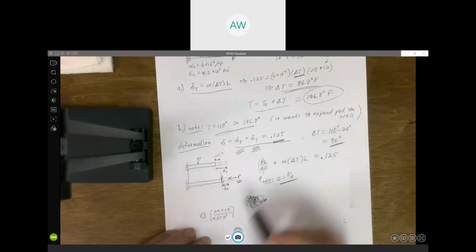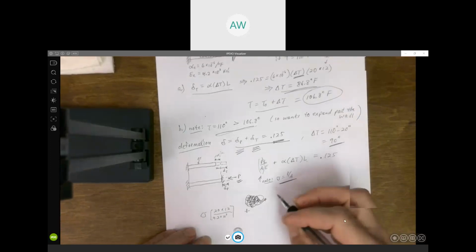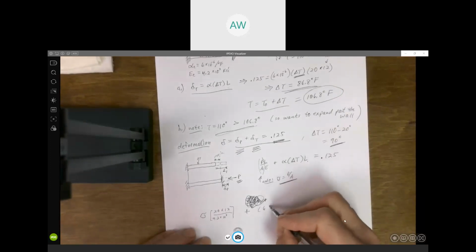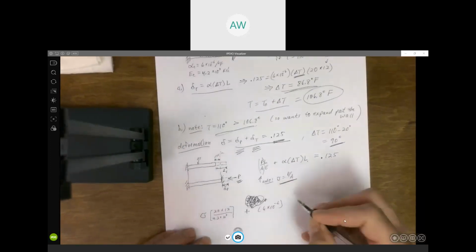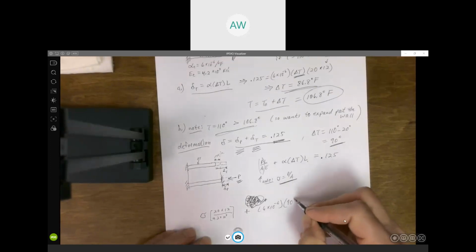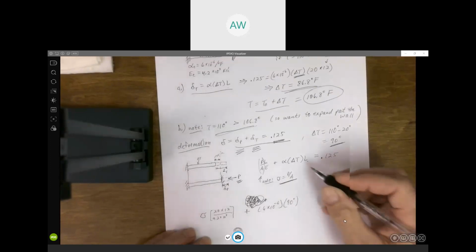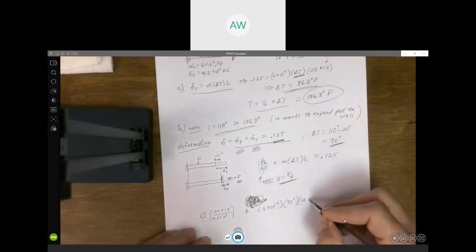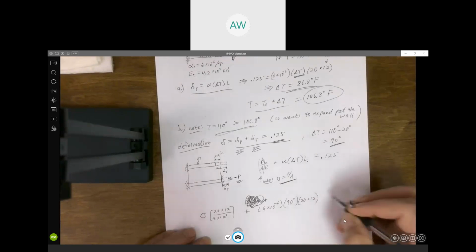So I've got sigma times L over E plus alpha. Where's alpha? Alpha was 6 times 10 to the negative 6. Delta T was 90. Length, again, is 20 feet times 12 inches. That's equal to 0.125.